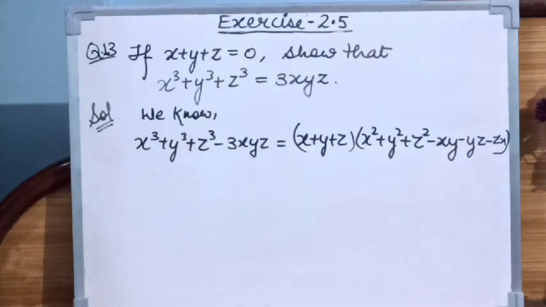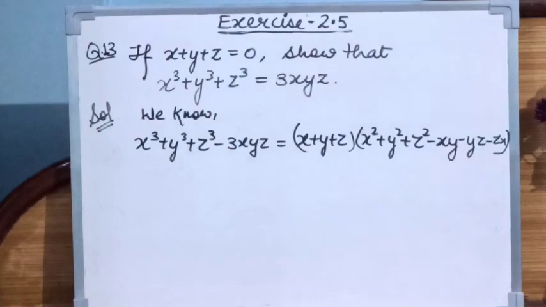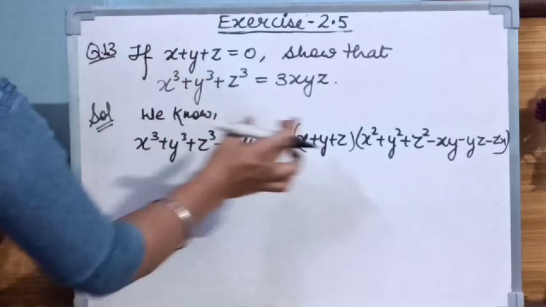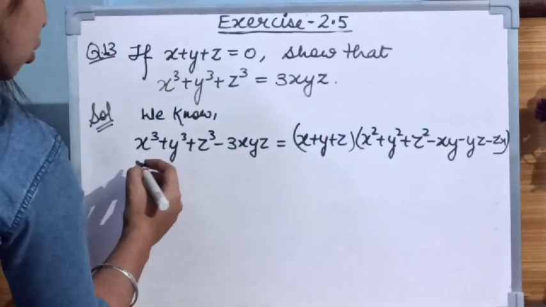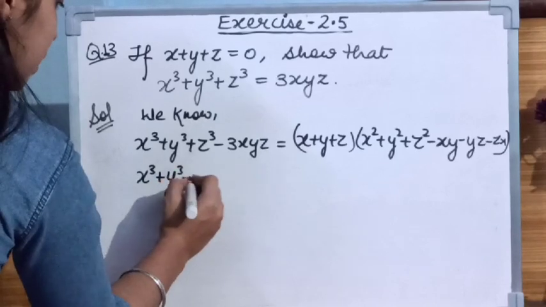Now it is given in our question that the value of x plus y plus z is equal to 0. So I am going to place its value in my identity. The left hand side part is the same, so I am going to write it as it is.